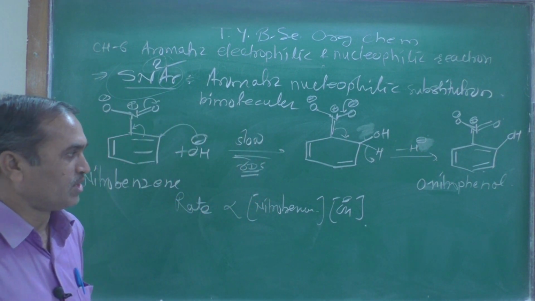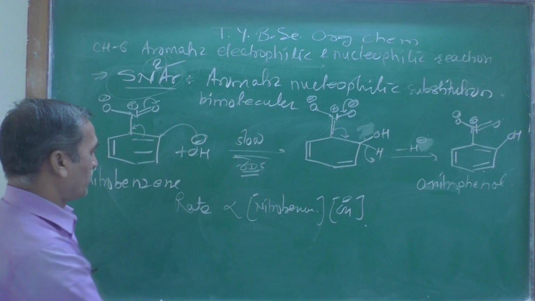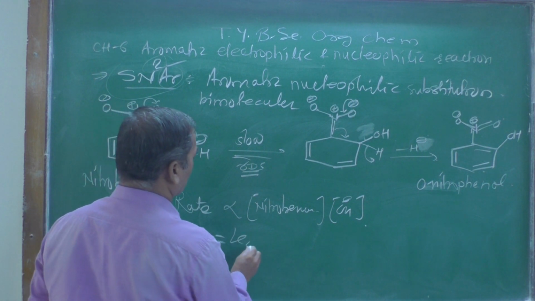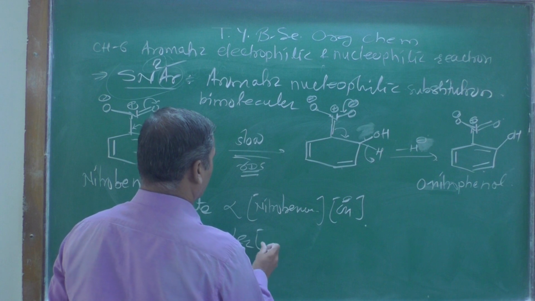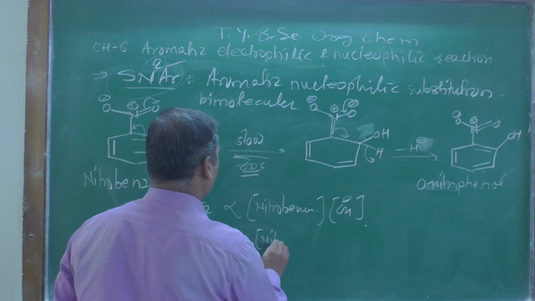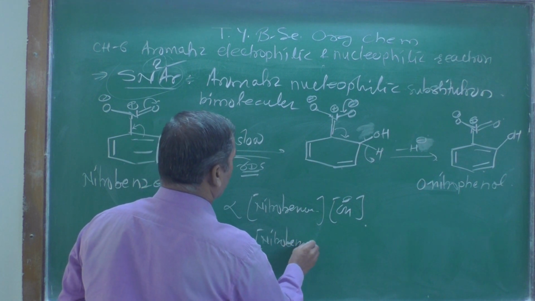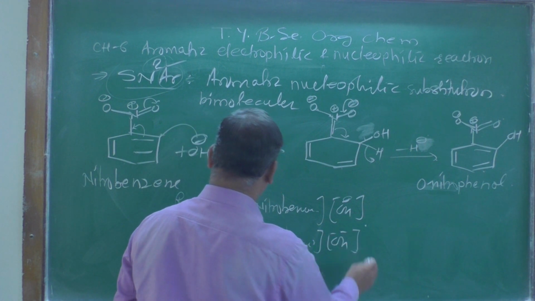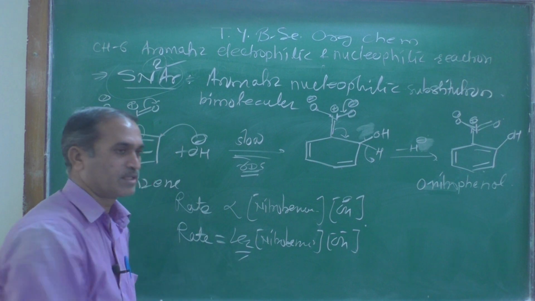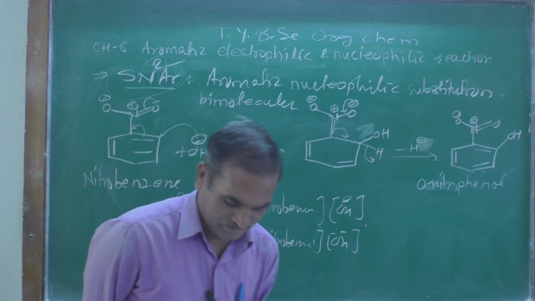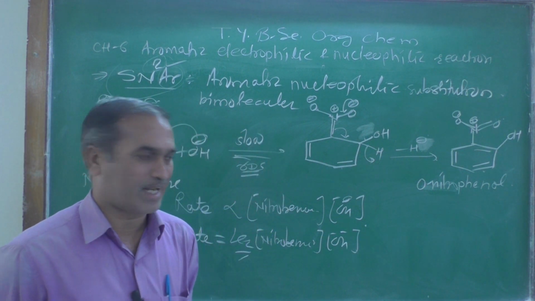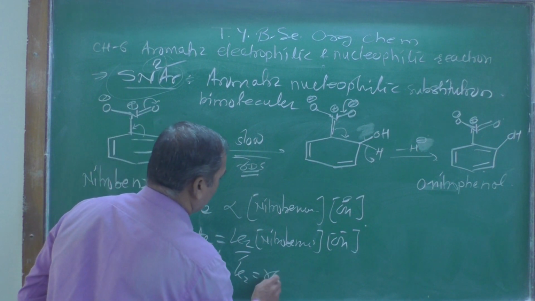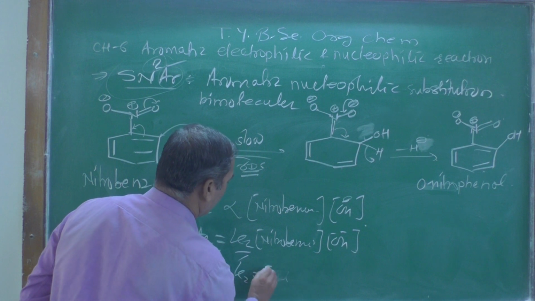Two species are involved, and therefore rate is equal to K2 into the concentration of nitrobenzene into the concentration of OH minus, and we know that K2 is the second order rate constant.